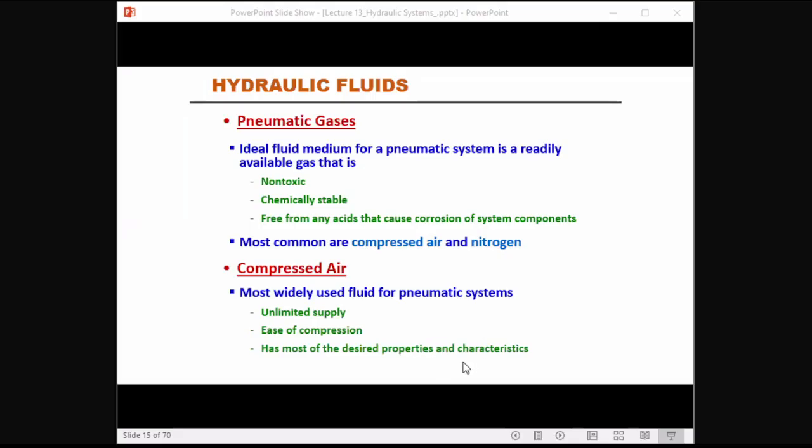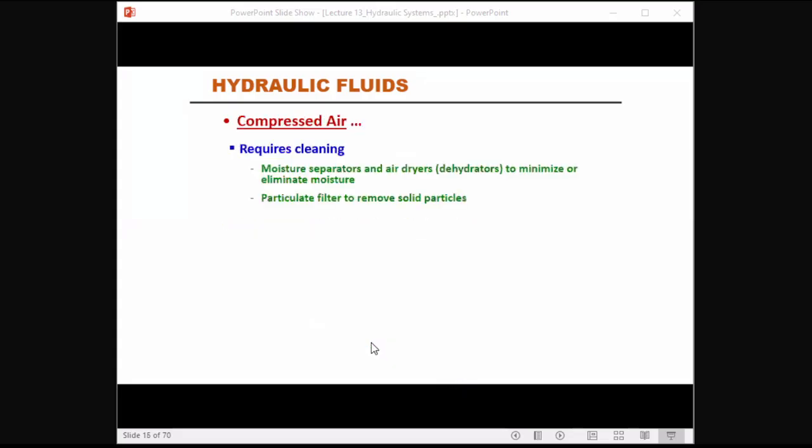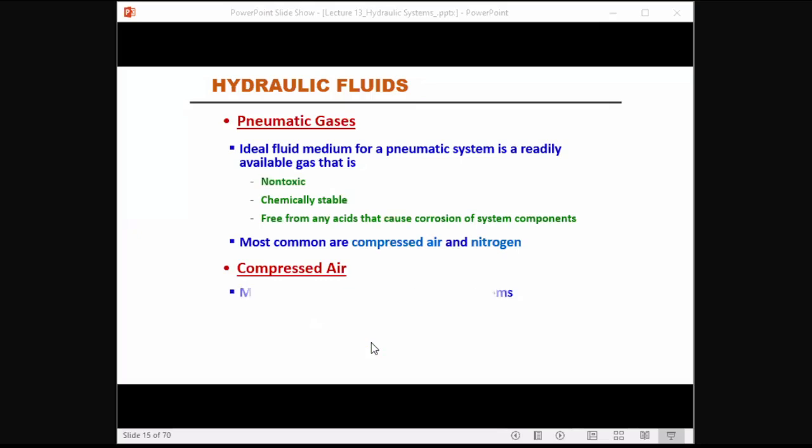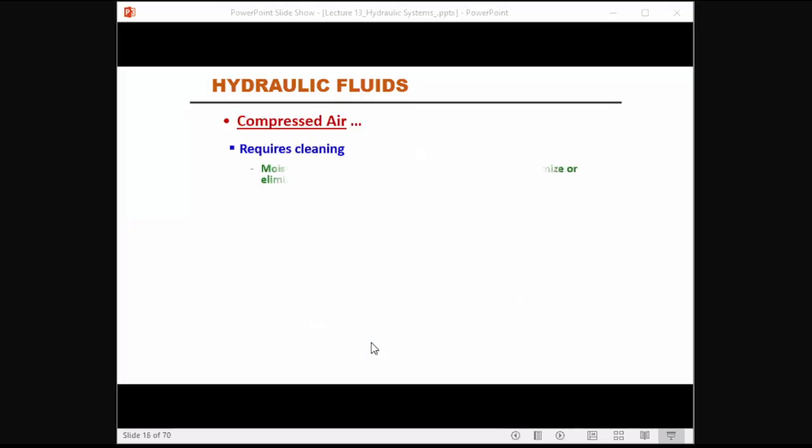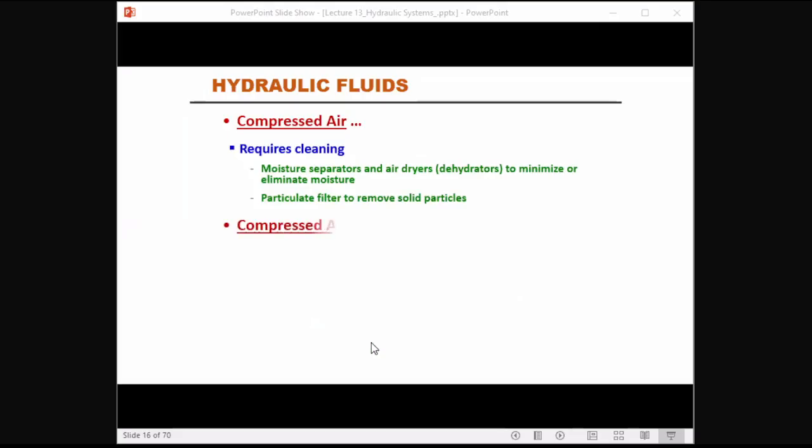Then compressed air meets most of the necessary properties and characteristics for a pneumatic system. We need to clean the air using this method.